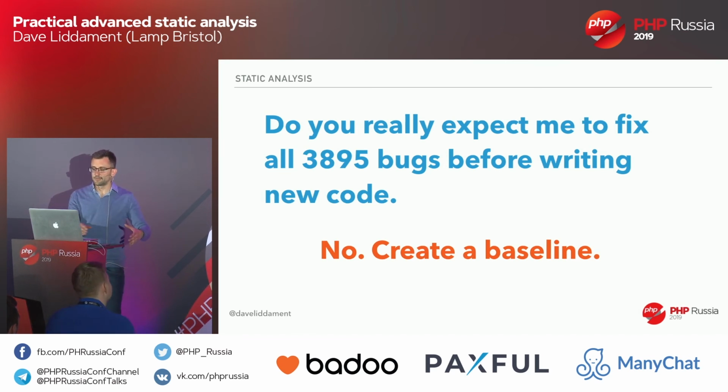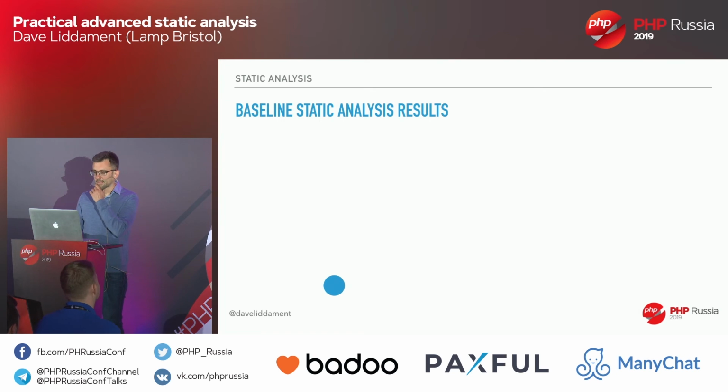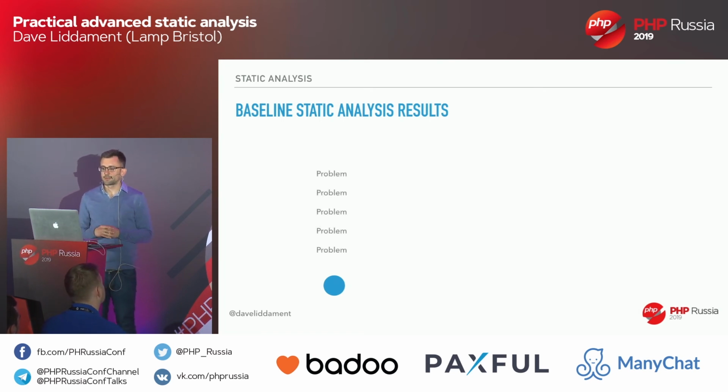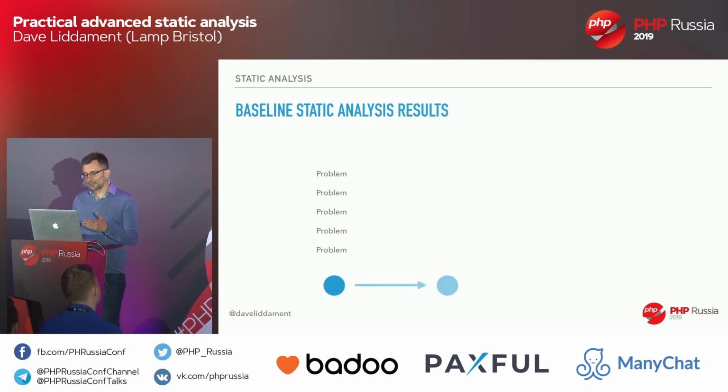So you take your code base, let's say you find a load of issues, you fix all the ones you think you have to fix, and you're still left with thousands of issues that one day, hopefully, you'll go back and fix. But you want to make sure that going forward, you don't add any more issues. So we say, here are all my issues at my baseline. We write some more code.